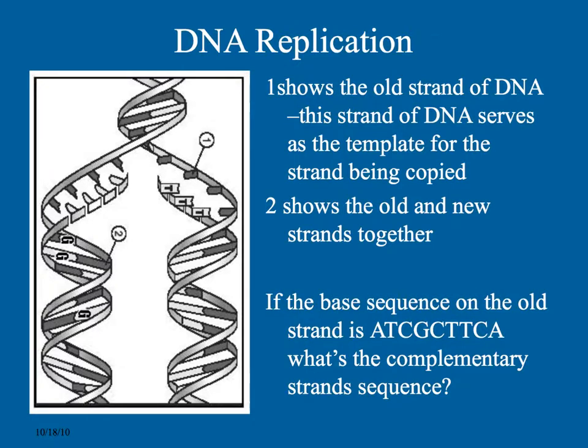So again, the way you would do it is you're going to play the role of DNA polymerase. You know that A bonds with T, T bonds with A, C bonds with G, G bonds with C, C bonds with G, T bonds with A, G, T.